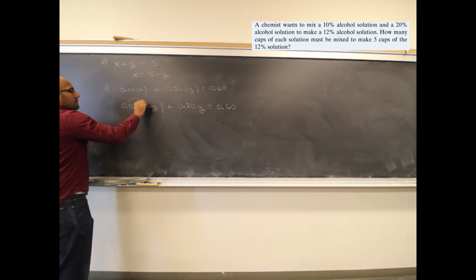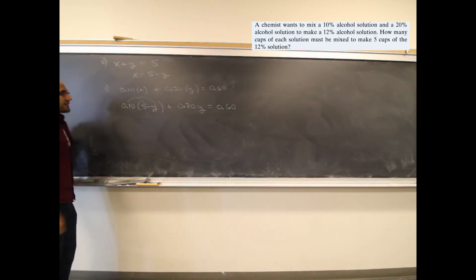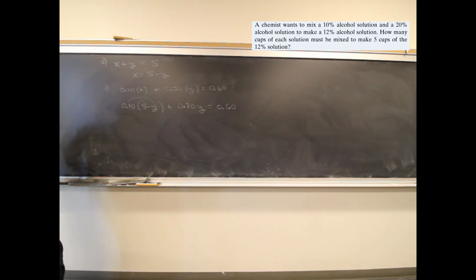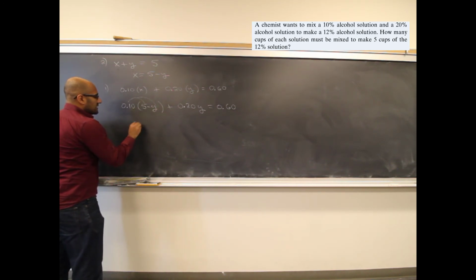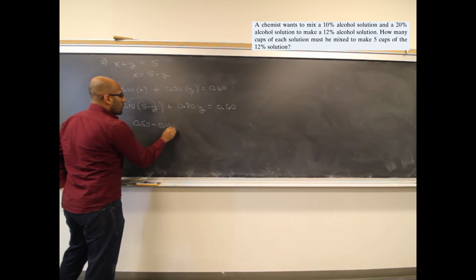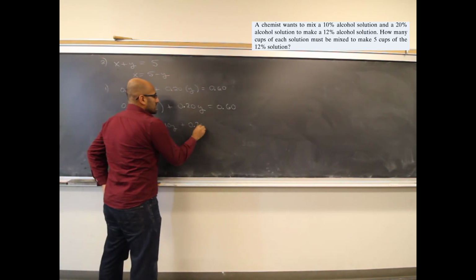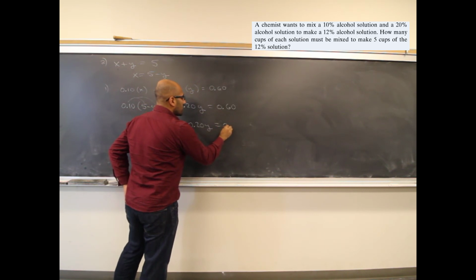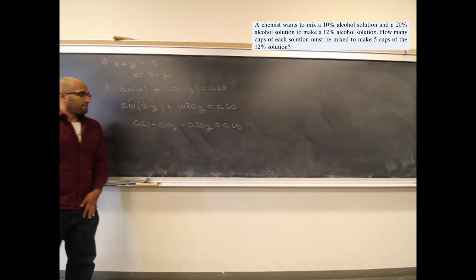Okay, so then we multiply, distribute, combine like terms. So this is 0.50 minus 0.10Y plus 0.20Y equals 0.60.